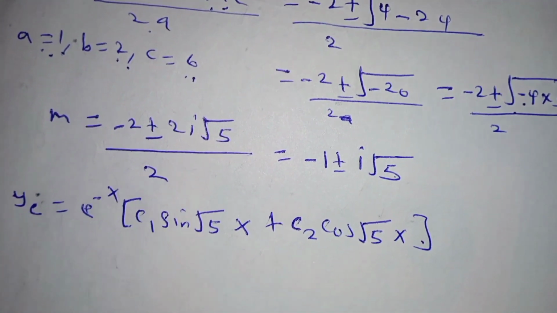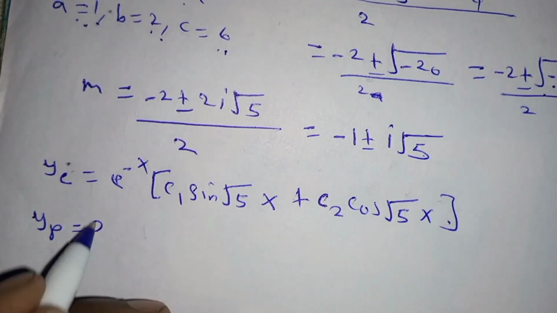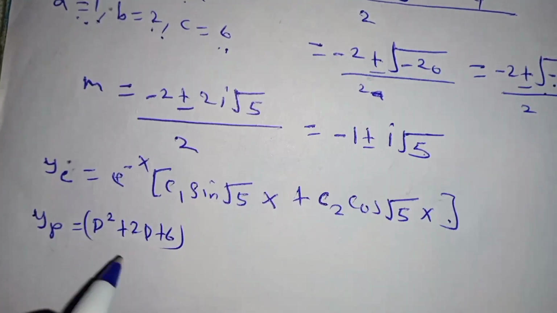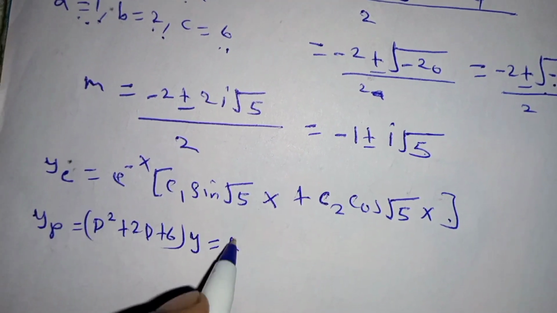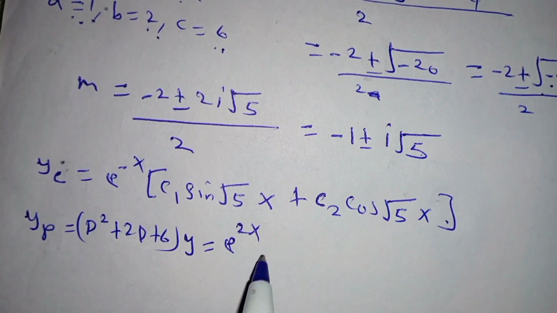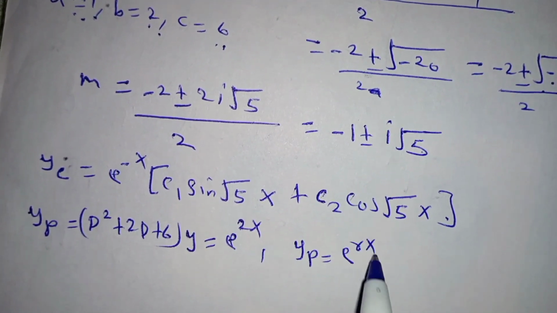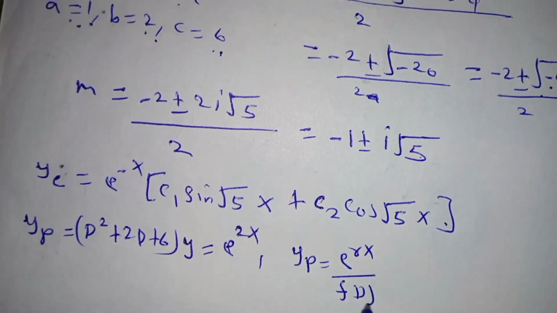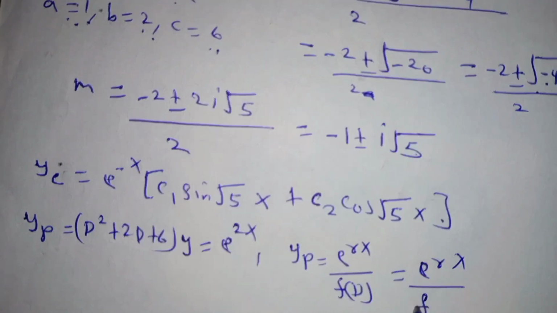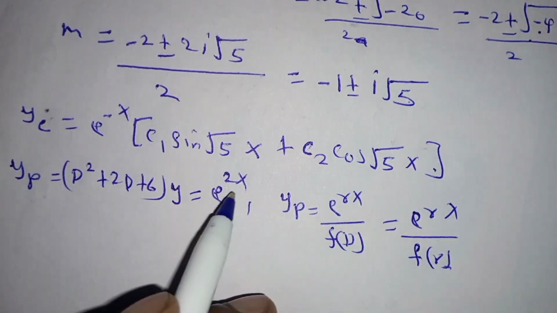You close the bracket. Now to obtain our yp, it will be given by D squared plus 2D plus 6, operating on y, is equal to exponential 2x. Using this fact, yp is equal to exponential rx over f of D, which is equal to exponential rx over f of r, whereby r is the constant in the exponent.